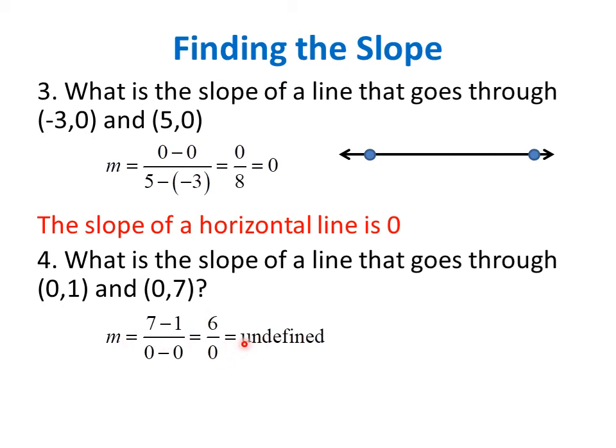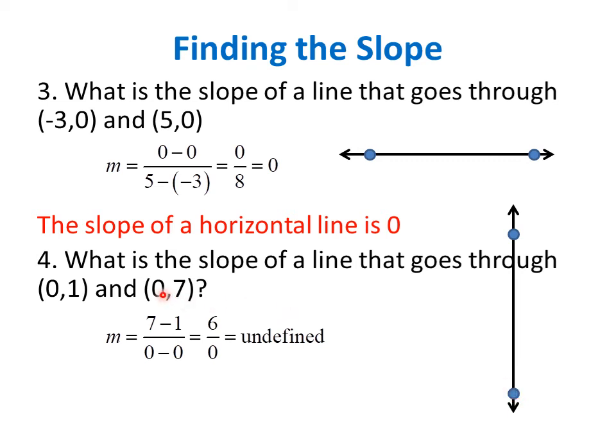And we know that that is the case only when the line is a vertical line. So let's check if these 2 points form a vertical line. Let's start with (0, 1). If we plot that, it is somewhere here below.